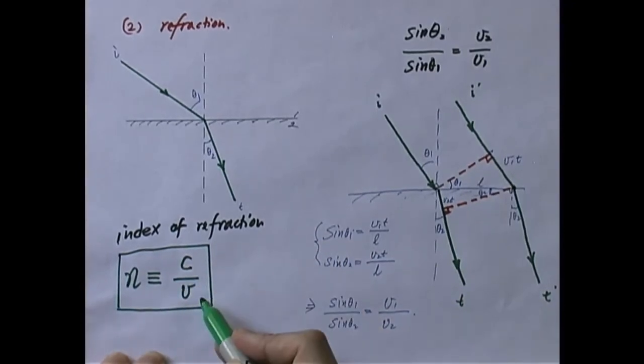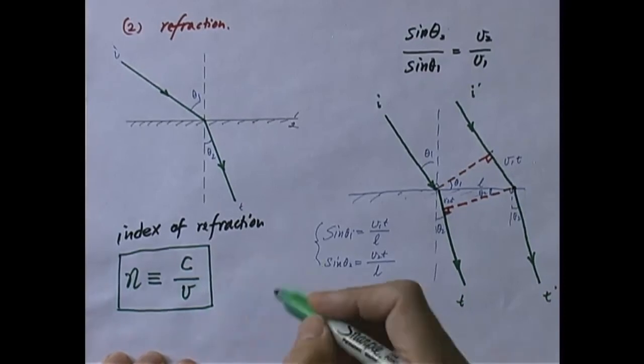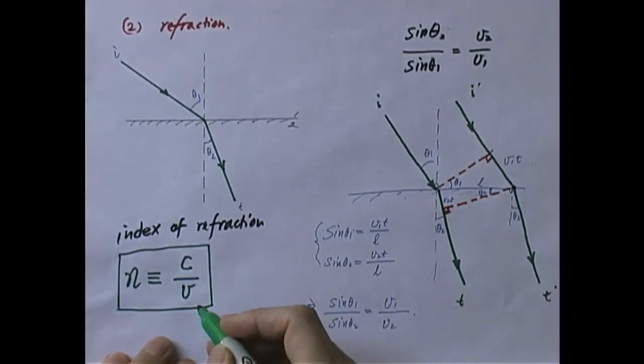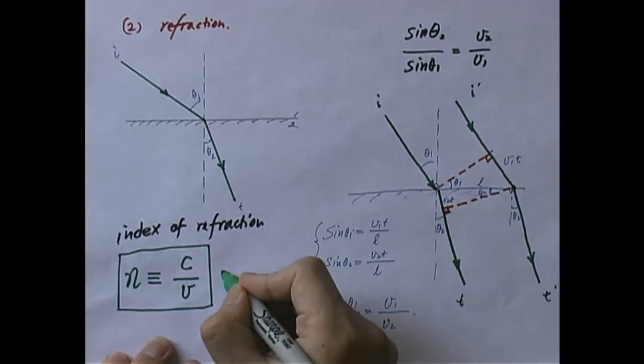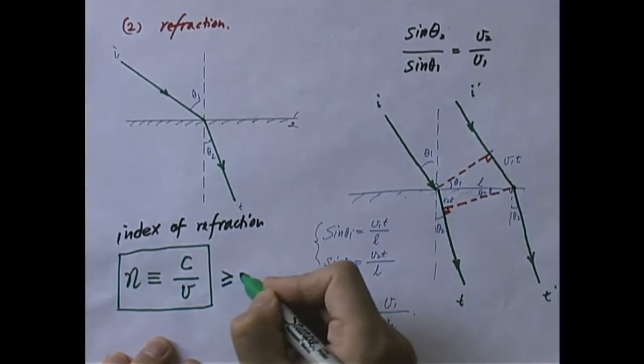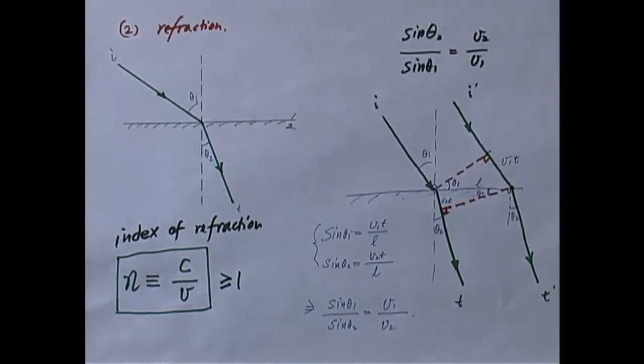The slower light propagates in that medium, the greater the value of n. And since a wave travels the fastest in vacuum, in any medium the index of refraction can never be less than 1. It is equal to 1 in vacuum. In air, the speed of light is almost the same as in vacuum, but slightly less.